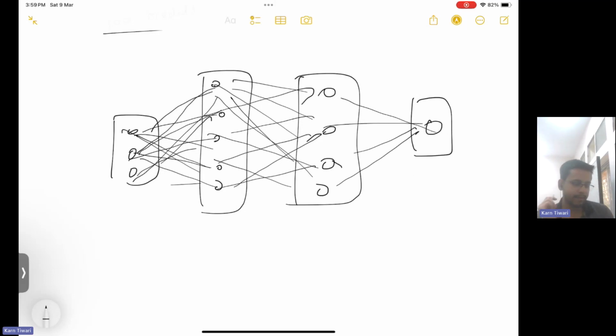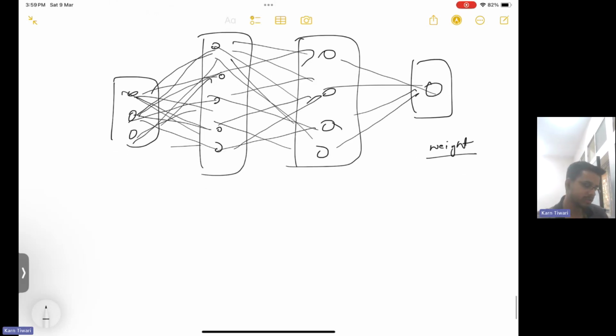Now the question we are asking here is, with just one model, can I get 10,000 models? That is, can I do weight sharing across the models? The answer is yes, we can. Suppose we have a hidden layer with 5 neurons.